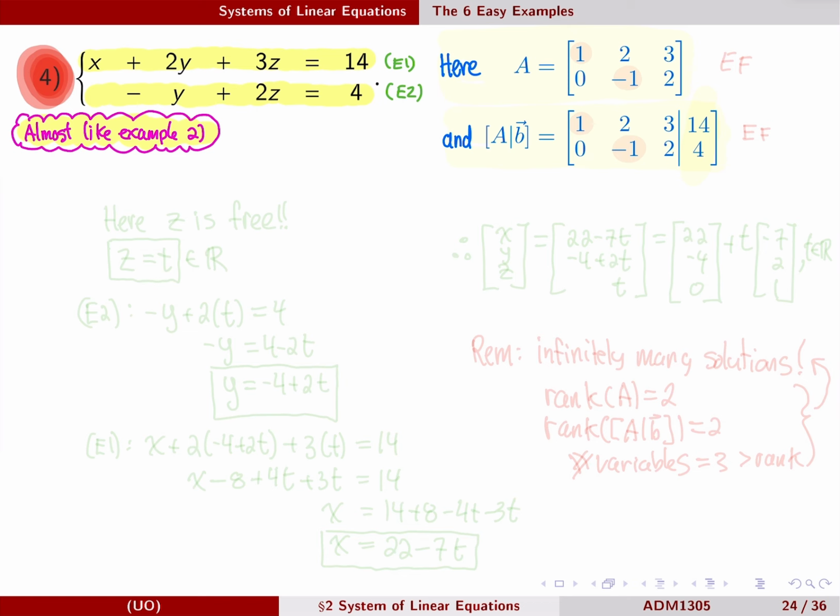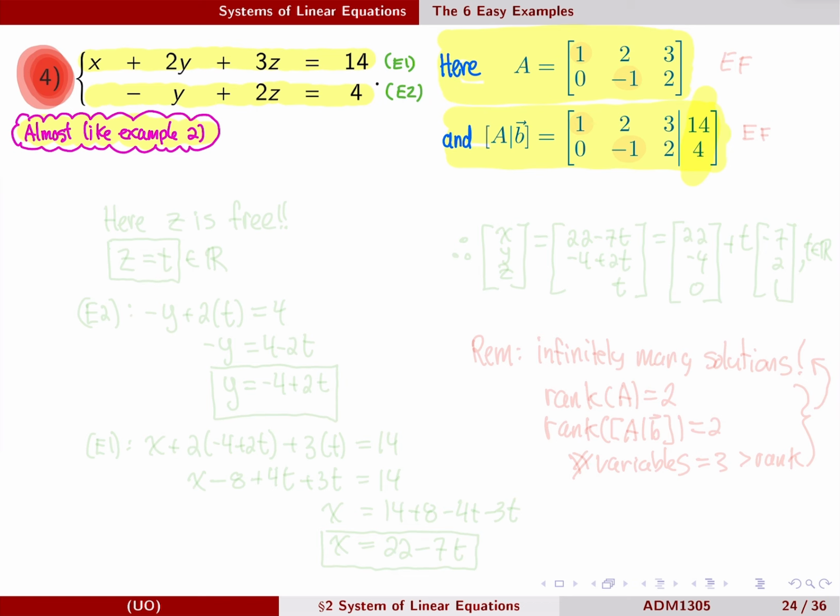Of course, now you're probably like a bunch of pros. Okay, so coefficient matrix A is 1, 2, 3, 0, minus 1, 2, and augmented matrix AB is 1, 2, 3, 0, minus 1, 2, augmented by 14 and 4.